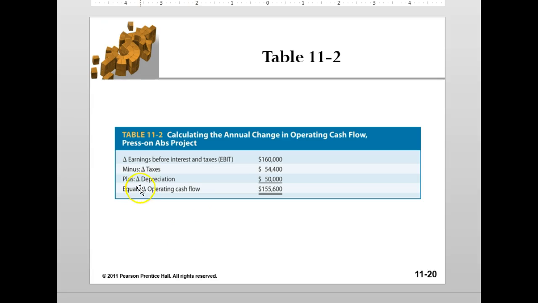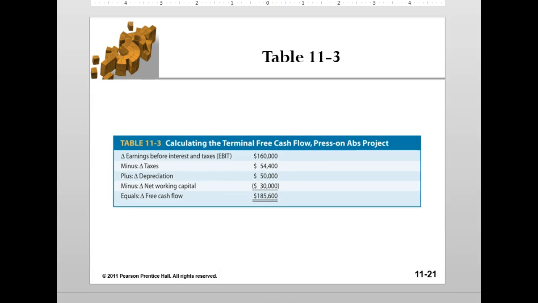Now you're looking at earnings before tax minus the tax plus the depreciation. So that gives you $155,600 in operating cash flow. And then you're calculating the free cash flow. So you've got 160, you've got taxes, you've added the depreciation, and now you've looked at the net working capital.